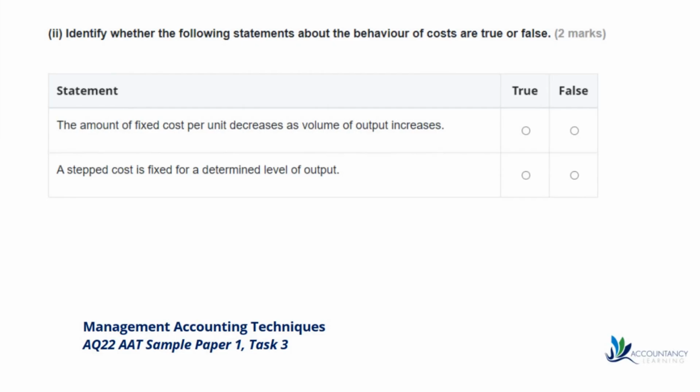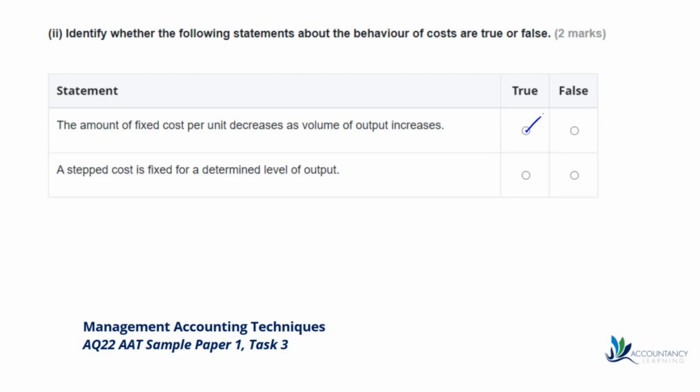Next, we've got some true or false statements. So the first one, the amount of fixed cost per unit decreases as volume of output increases. So this is true.